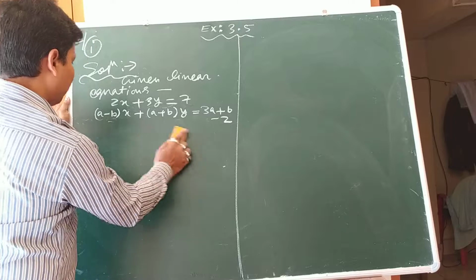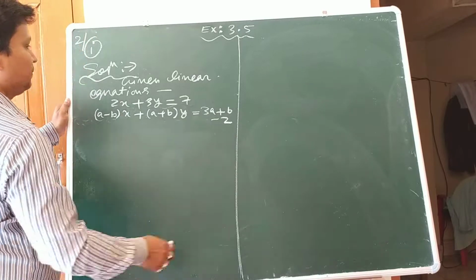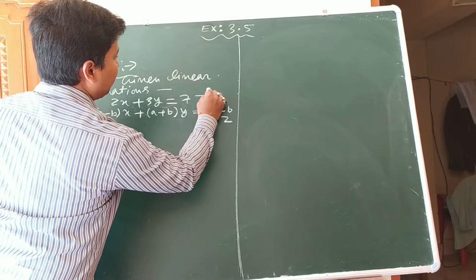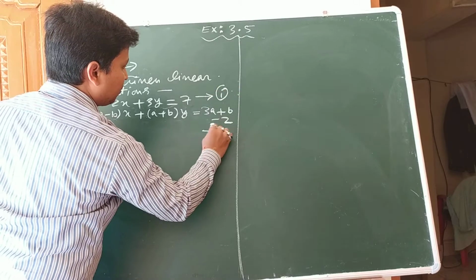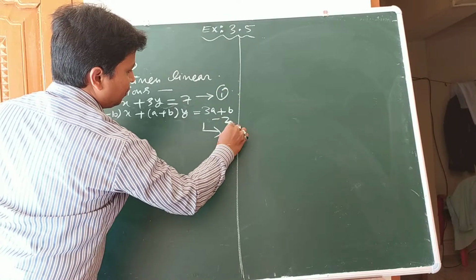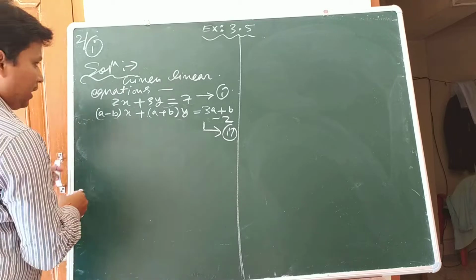So these two equations first of all we have to write. Then give equation numbers 1 and 2.